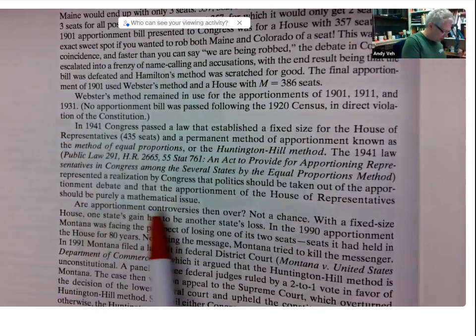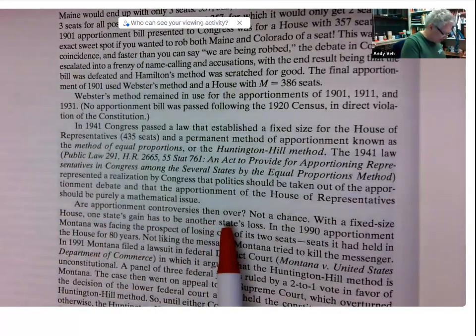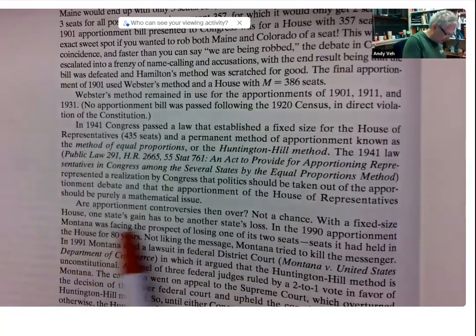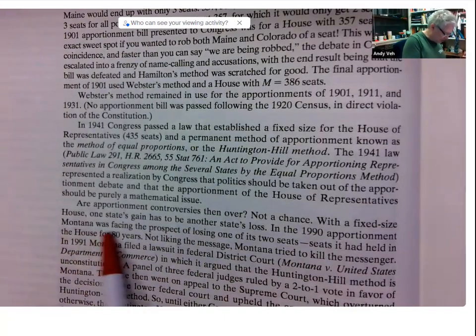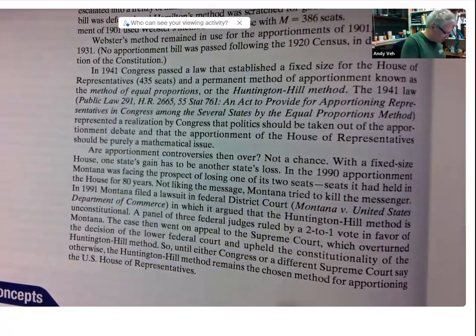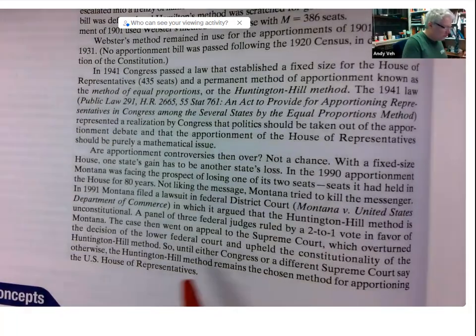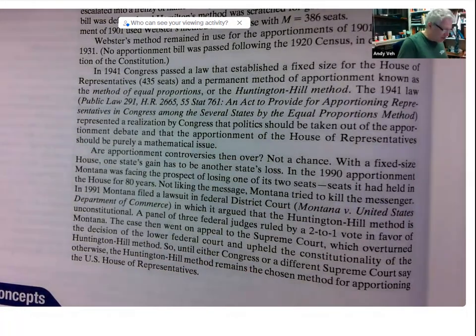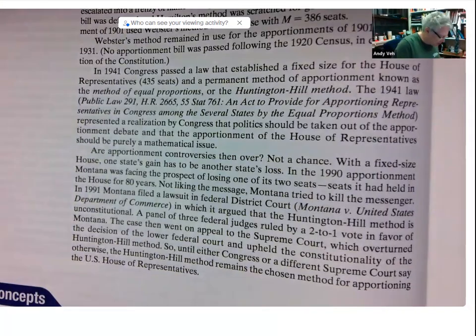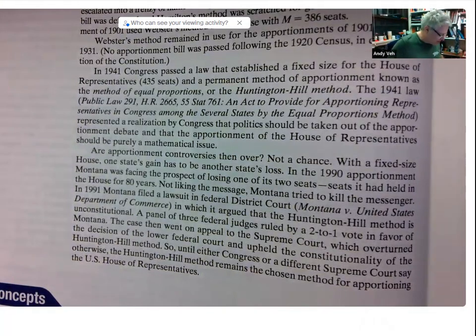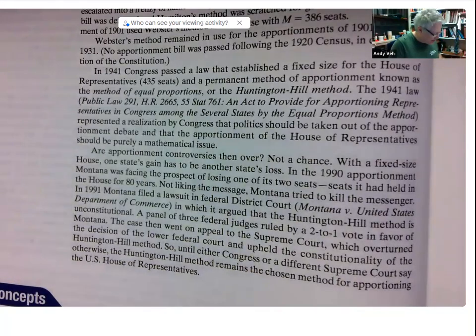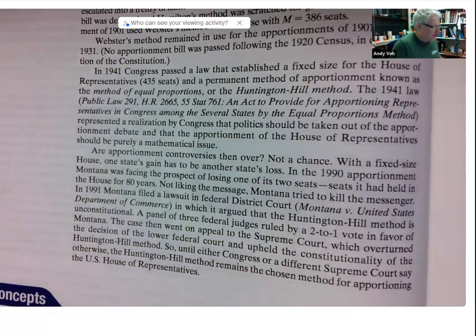Are apportionment controversies then over? Not a chance. So with a fixed size House and so on, then in the 1990 apportionment, Montana was facing, and so on. And the book was probably published back in 2008 or so, so it doesn't mention the latest census in 2010, 2020, especially the one in 2020, that produced a very narrow margin between New York and Minnesota, where it's like, wow, if one of them had more people, then it would actually gain 1 seat, or the other one would lose 1 seat.